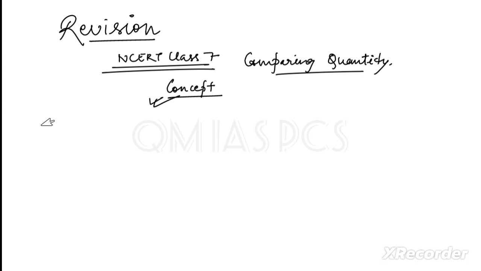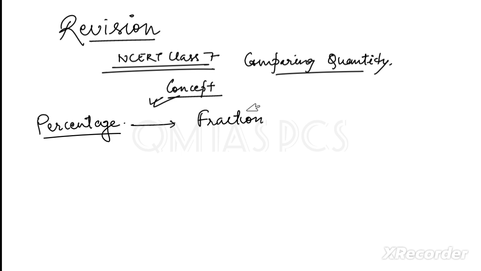So what will we study here in percentage? We have to learn two things: how to convert percentage into a fraction or decimal, and then how to convert a fraction or decimal into percentage. These two things we have to understand. It's a very basic thing.